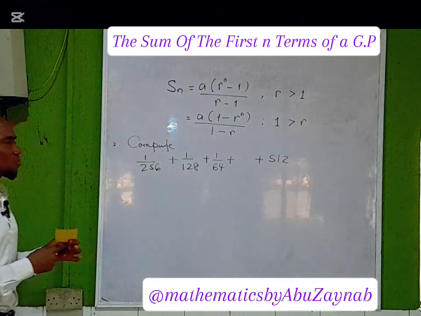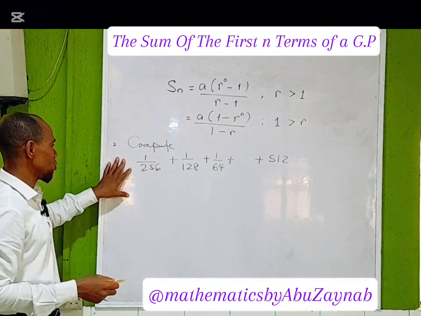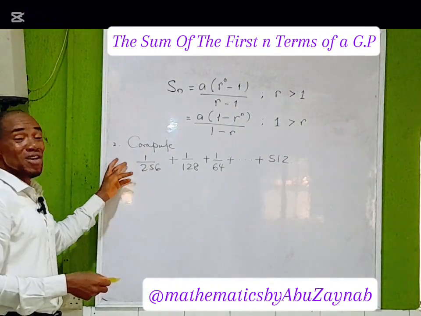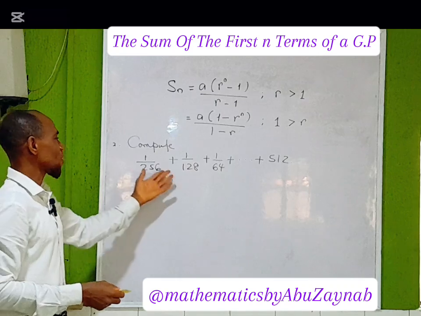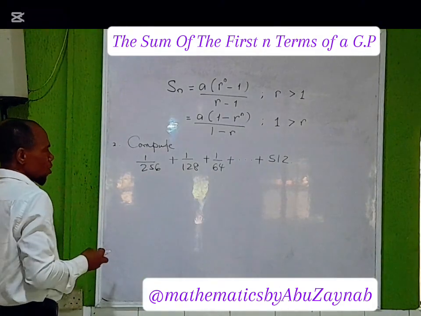Look at that question. Let's compute. This is not a sequence. Remember from our very first video of this series, it's actually a series, because we are replacing the commas with plus signs, summation. So now we have to compute.